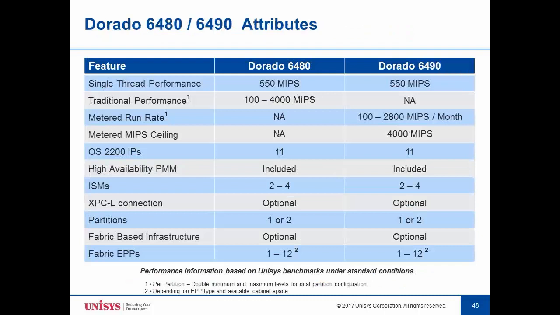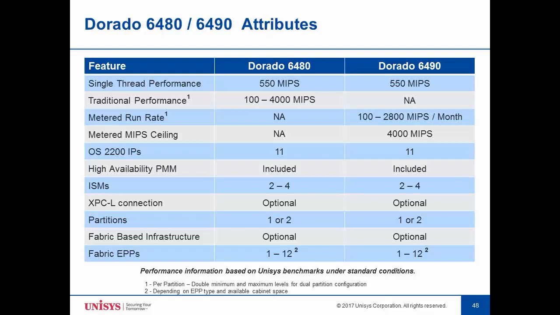The single thread performance for the 6400 has been bumped up a little bit from the 6300 capabilities. We now support 550 MIPS for the 6480 and 6490. Traditional performance per partition goes up to a 4,000 MIPS fixed ceiling for the 6480, and for the metered contracted run rate, up to 2,800 MIPS per month per partition with a 4,000 MIPS ceiling.